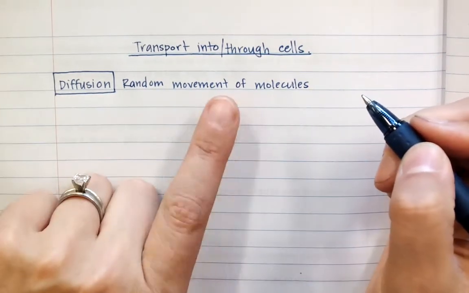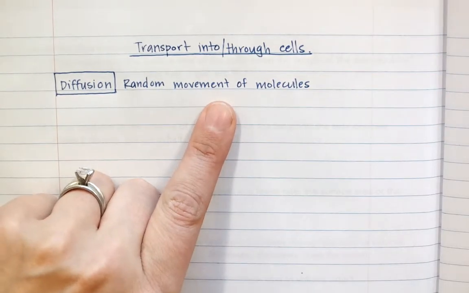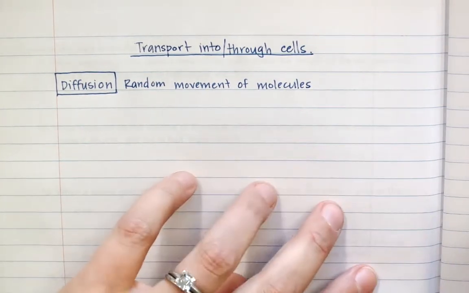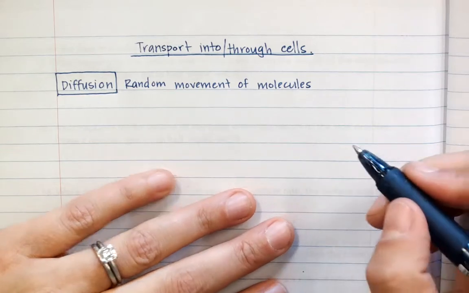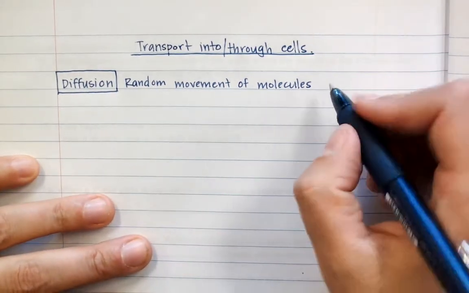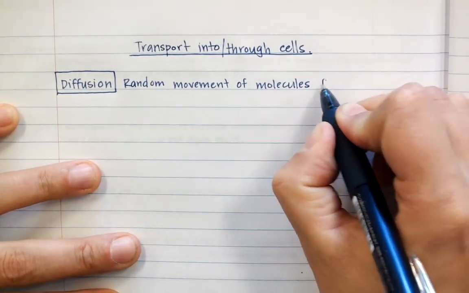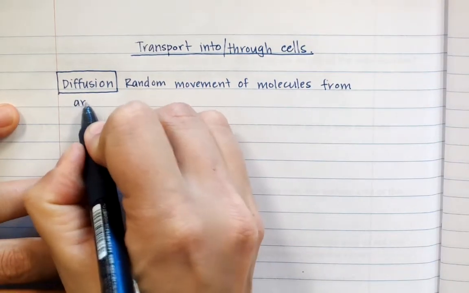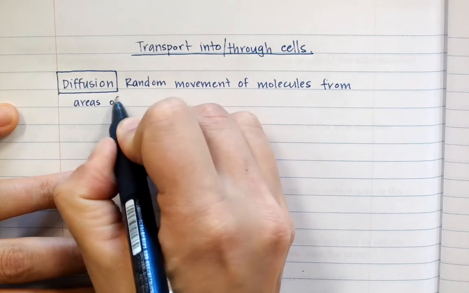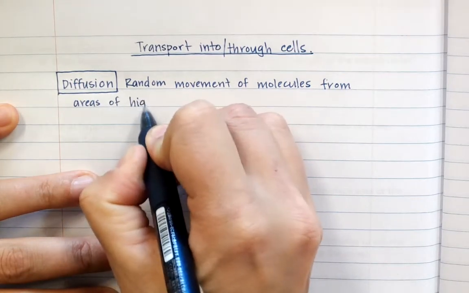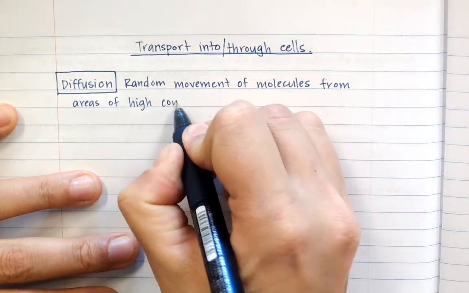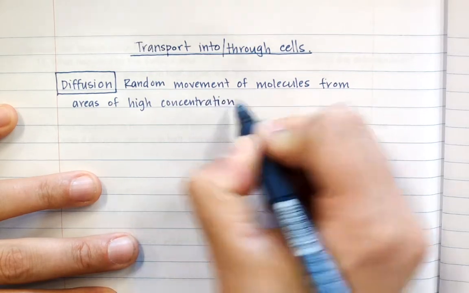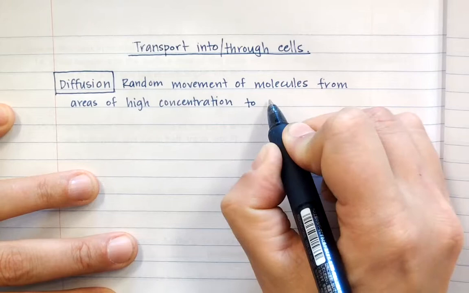So that's going to mean, because it's random, there's no actual energy required into making this occur. And the random movement of molecules moves from areas of high concentration to areas of low concentration.